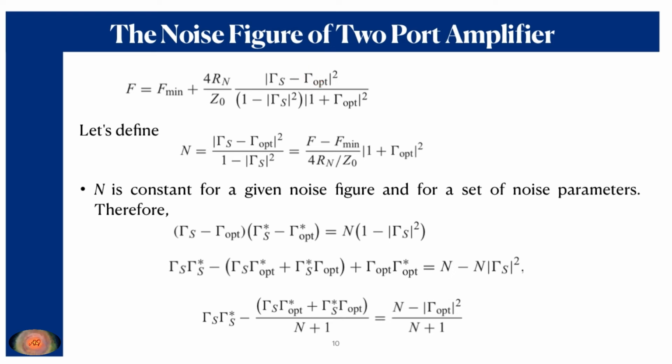So these parameters can be treated as a constant, and that constant here I have denoted as n. And if you take out this expression from the entire expression of the noise figure, then the rest of the term can also be equal to that same constant n. Now multiply the denominator of this expression with n and write the numerator in terms of that complex term times its complex conjugate term.